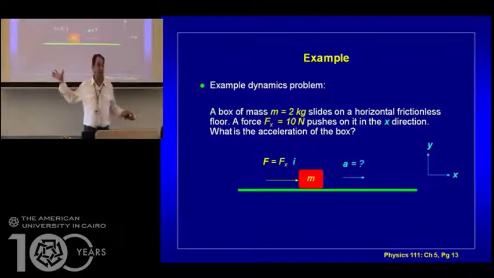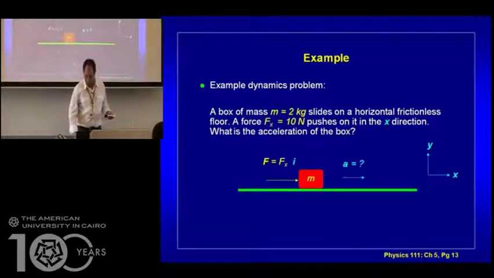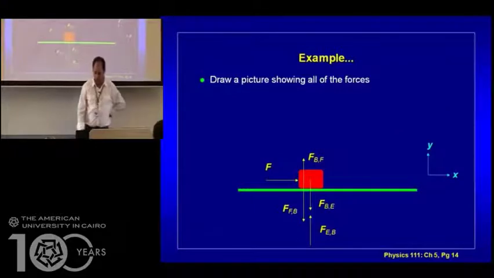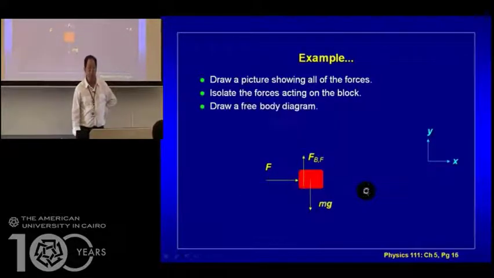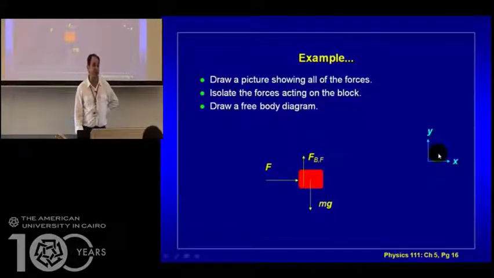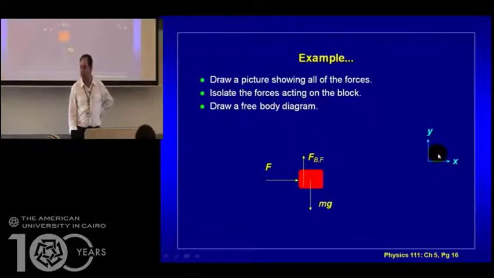Okay, guys, do you understand that problem now? Okay, good. And that's the solution. I have drawn all the pairs of forces that we have on the object. Then I have concentrated only on the forces acting on the object. Then this is my free body diagram. I have specified my coordinate system. This is very important since we are dealing with vectors.